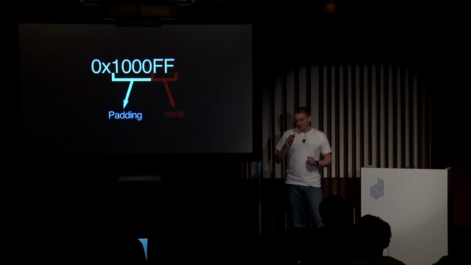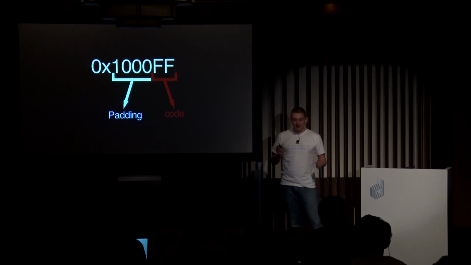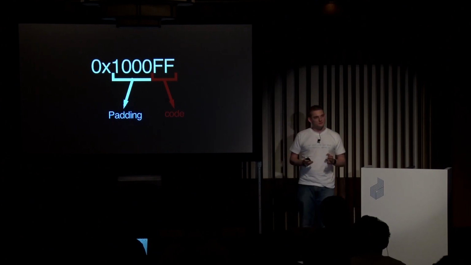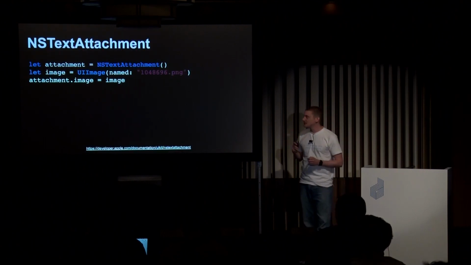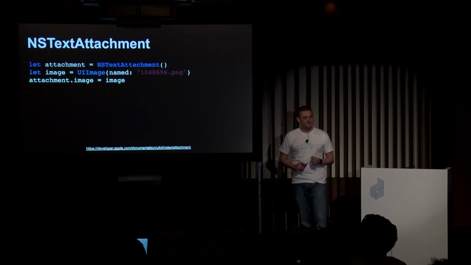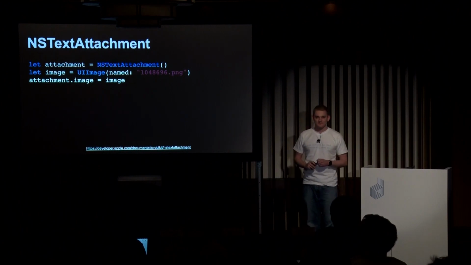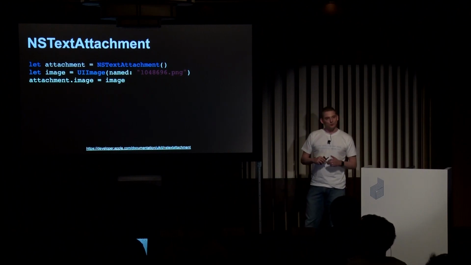Now, I said we're not using a font, so how does this go from this number inside of a string into an actual emoji that's represented on the screen? Well, we use NSAttributedString and more specifically, NSTextAttachment. NSAttributedStrings work with all of the normal default API or UI that comes on iOS. So that's real easy.